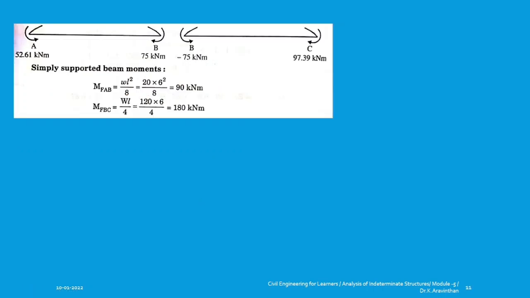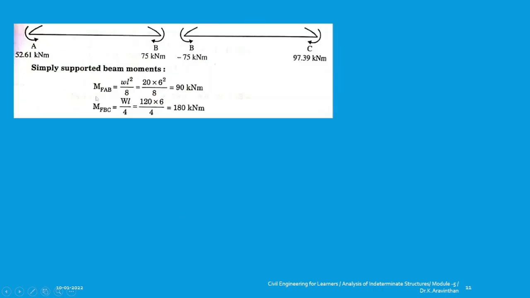So you have found out the bending moment at all the elements. This is your moment: 52.61 for the first node, second node, third node, fourth node. So what are your nodes? 1, 2, 3 and 4. All the nodes are written here with the respective negative moment, and you can find the positive moment by considering the beam as simply supported.